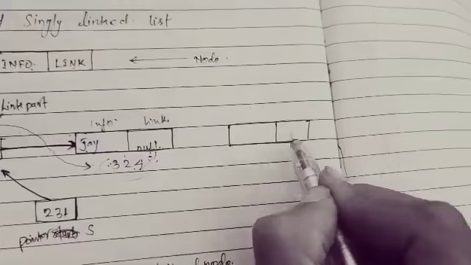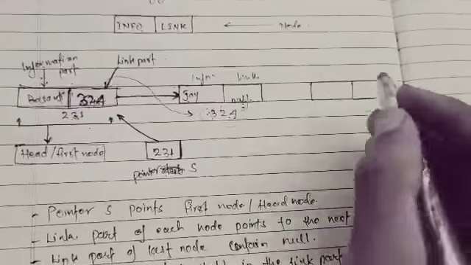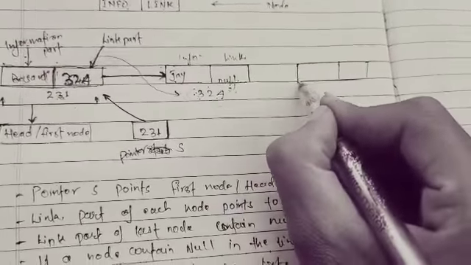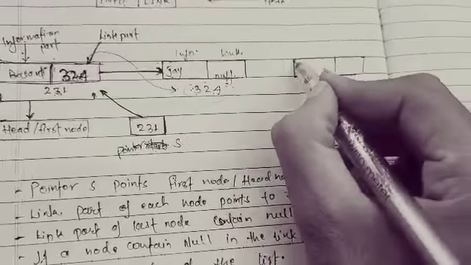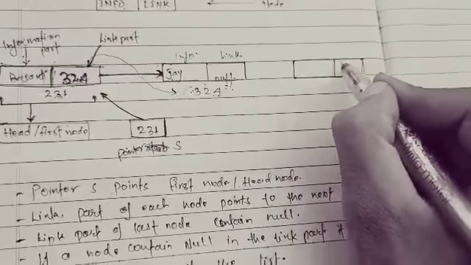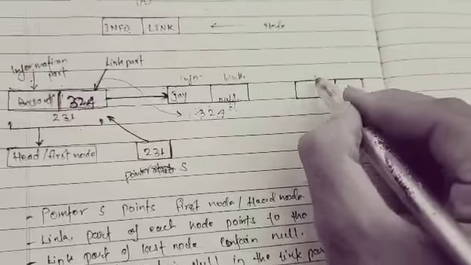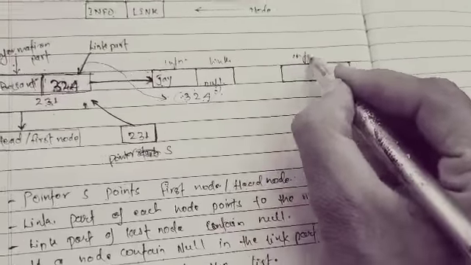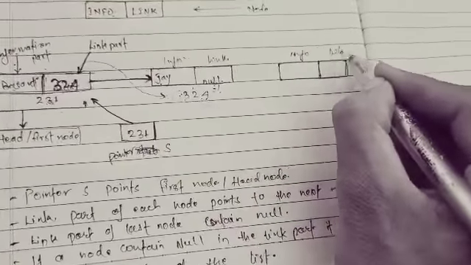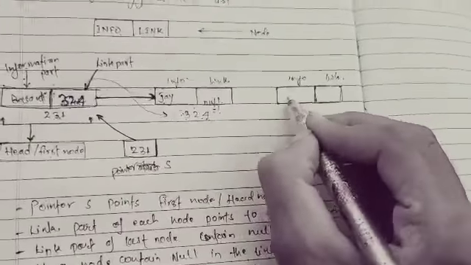Now assume we insert another node here, which also has two parts: the info part, the information part, and the link part.